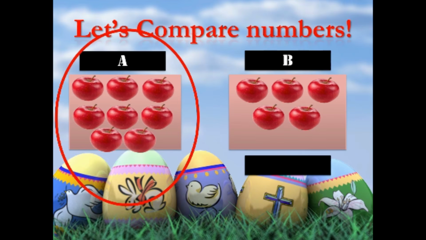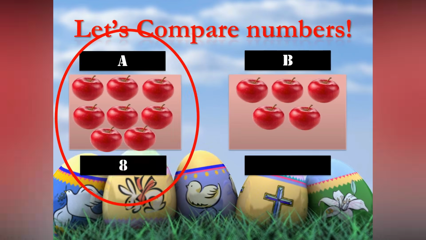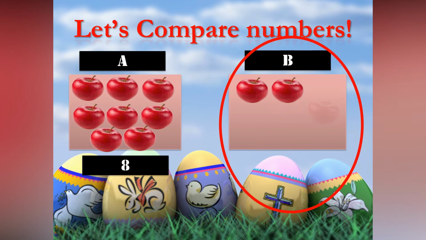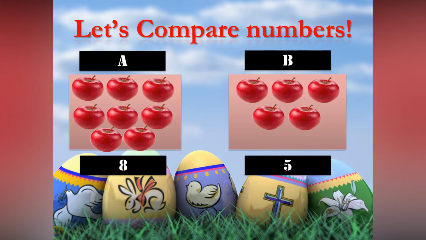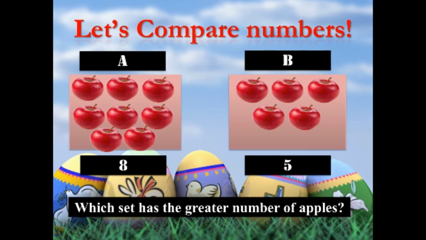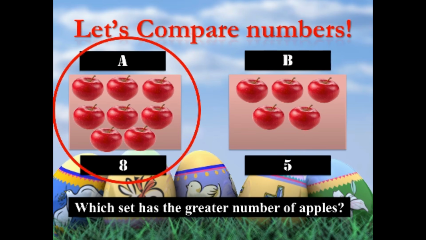There are 8 apples in set A. Let's count the number of apples in set B. 1, 2, 3, 4, 5. There are 5 apples in set B. Which set has the greater number of apples? Correct! Set A has a greater number of apples compared to set B.